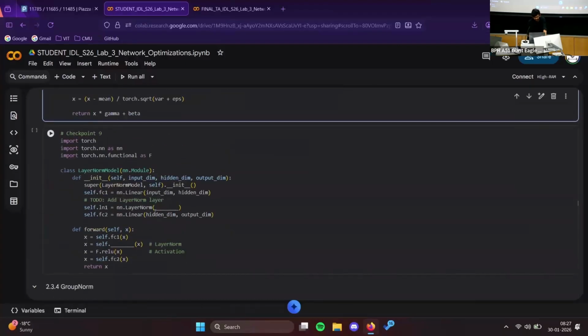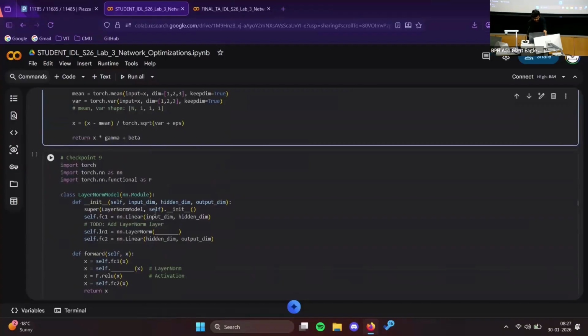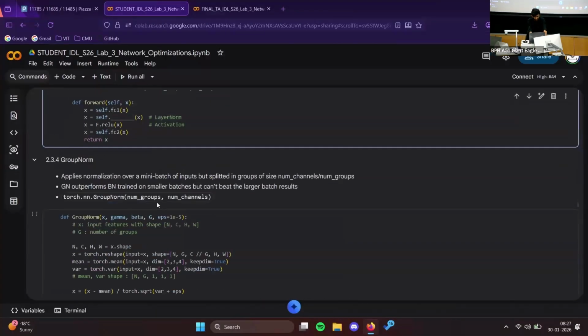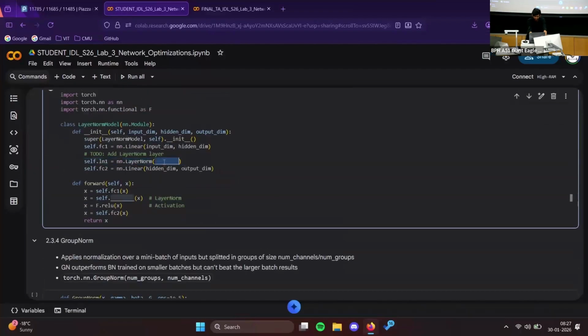And similarly, PyTorch provides a layer norm implementation, so we can just import that and use it. And the input dimension is also the same as the output dimension of the previous layer.